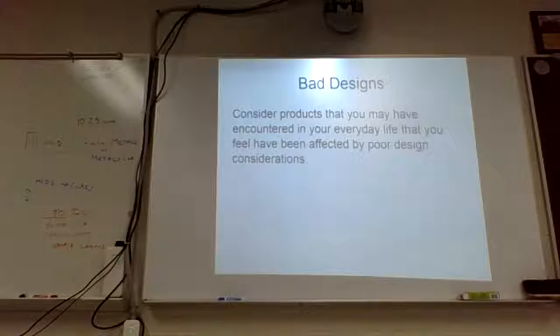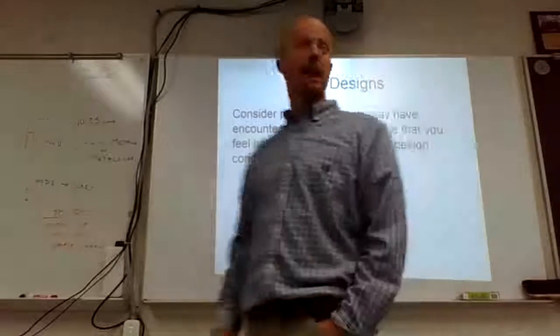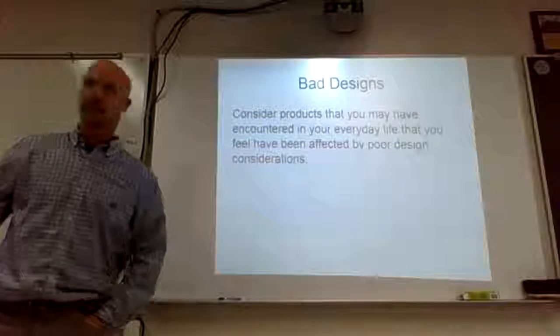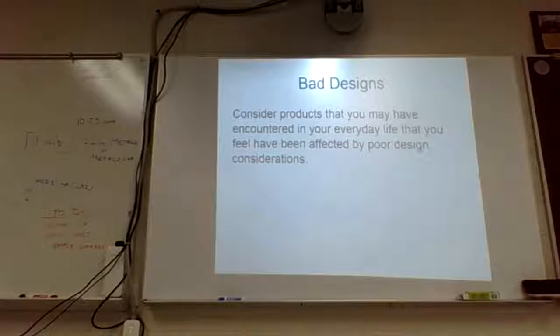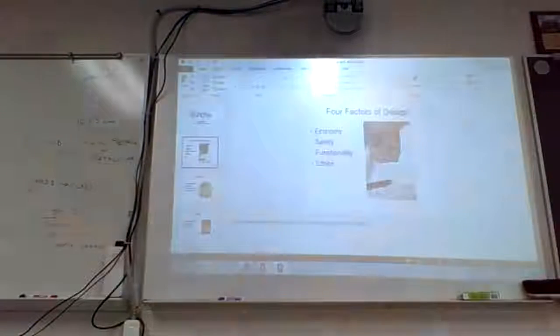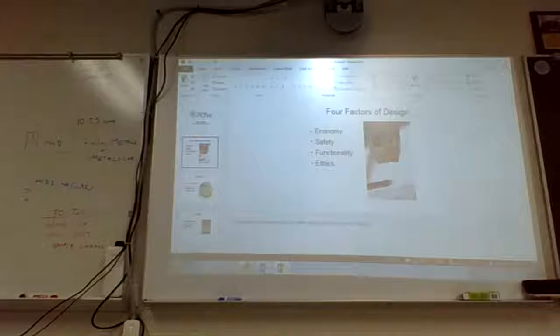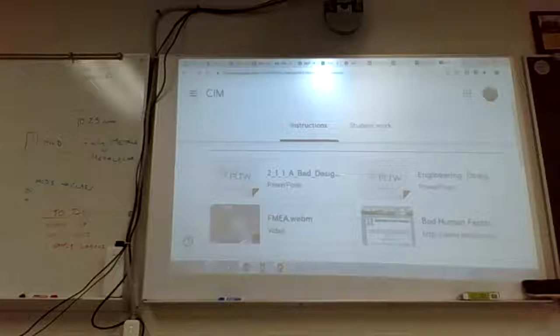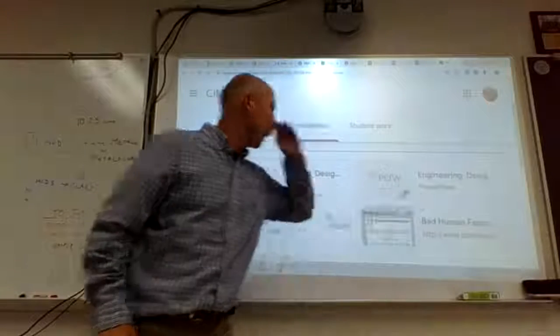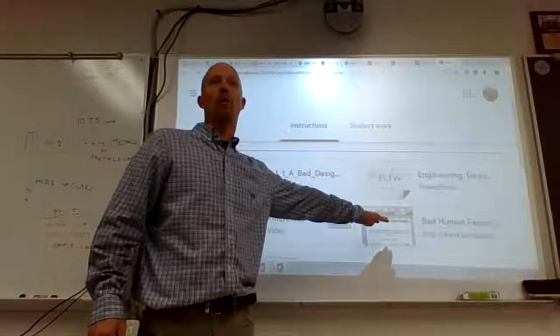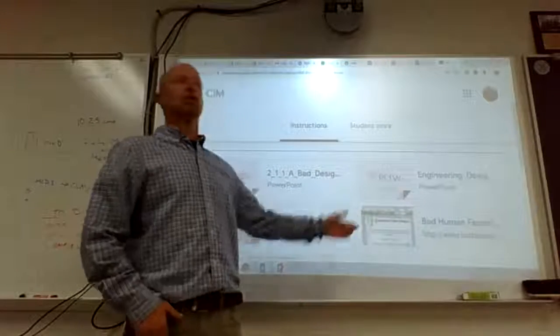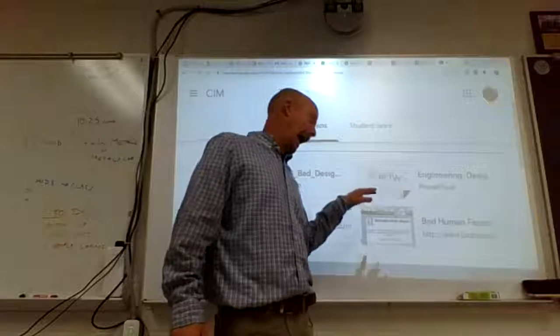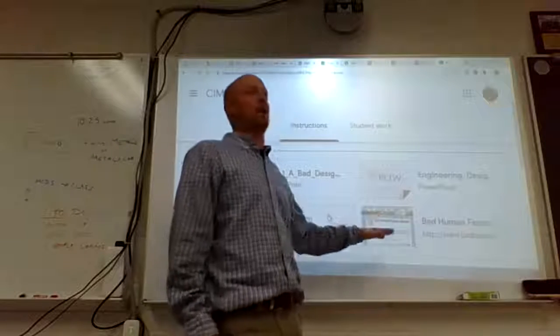So this is where we're getting to the assignment. Again, this presentation is on the Google. And see right here is where you can go to see some examples of poor designs that people have brought up. This is a website, and I haven't looked into it a lot, but I don't think it's by one person.